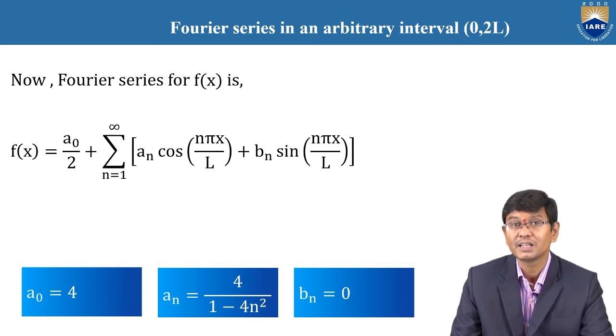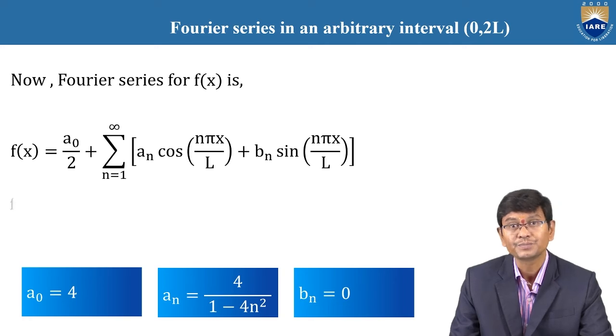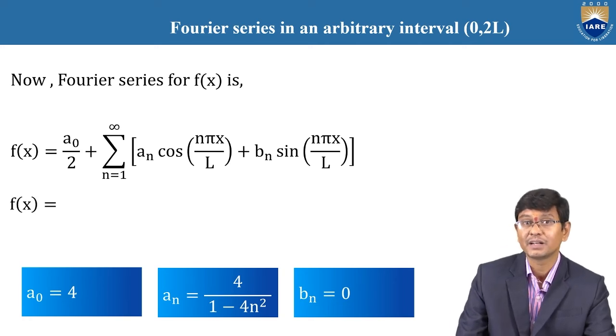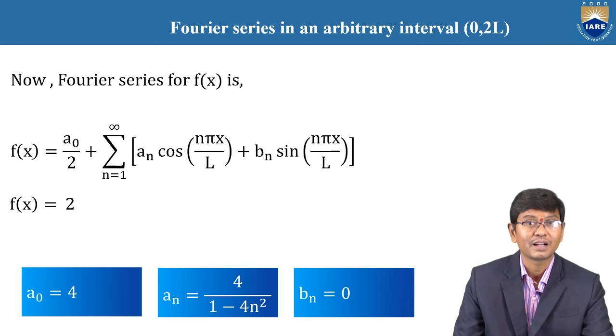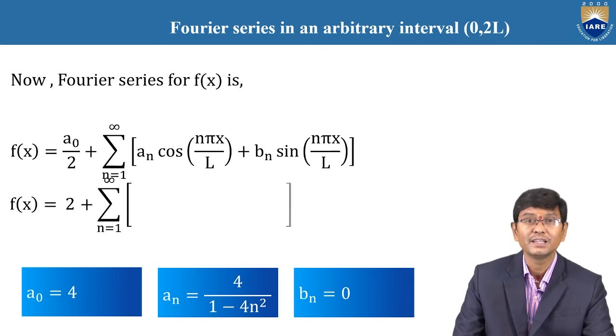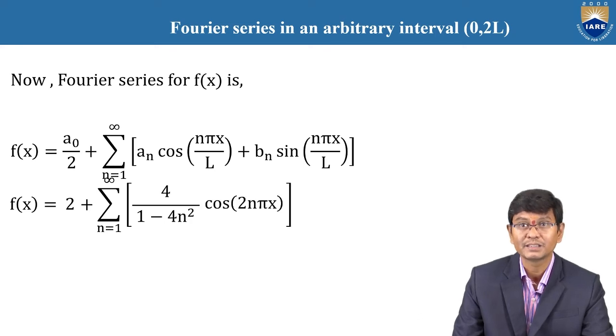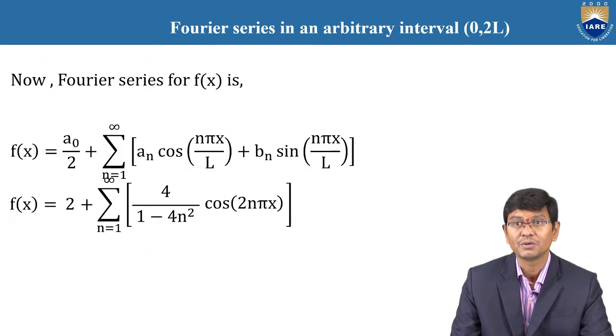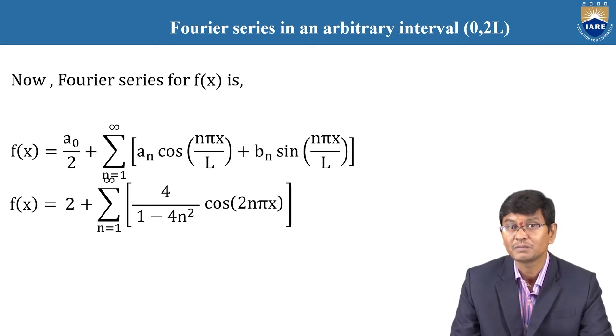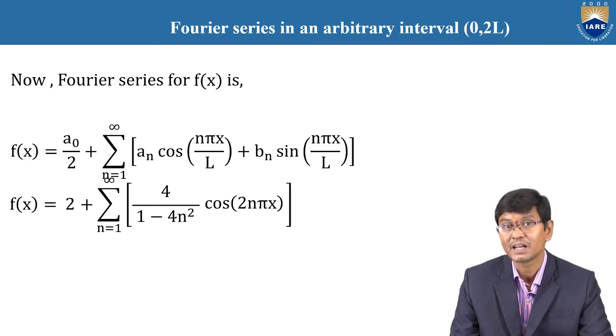Therefore, the required Fourier series f of x, that is e power minus x, is 4 by 2, that is 2, plus summation n equal to 1 to infinity of 4 by (1 minus 4n square) into cos of n pi x by L, that is 2n pi x, plus bn, which we know is 0. Therefore, in this equation the sine terms are not involved, because the value of bn is equal to 0.